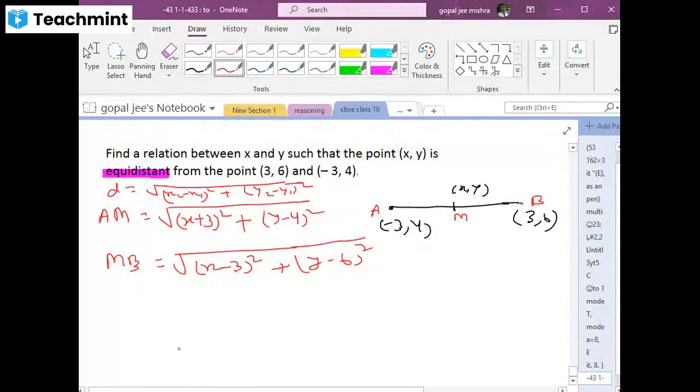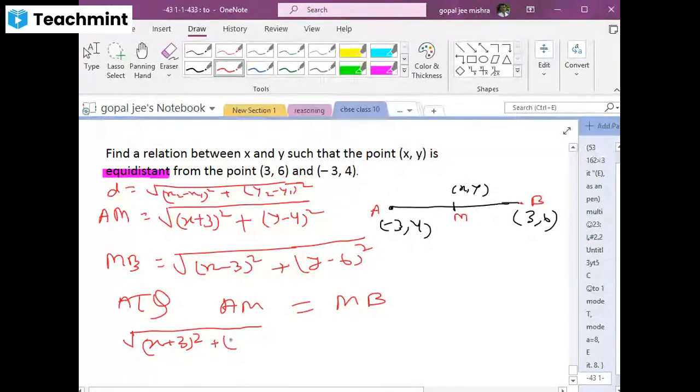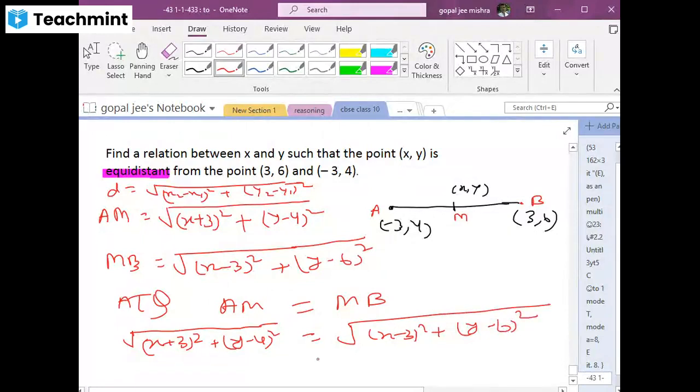Now see here, beta. According to the question, AM is equal to MB. I am putting the values: under the root of (x plus 3) whole square plus (y minus 4) whole square is equal to under the root of (x minus 3) whole square plus (y minus 6) whole square.